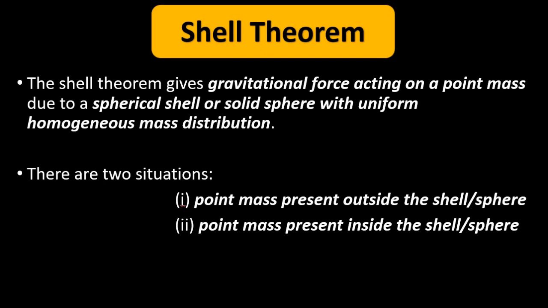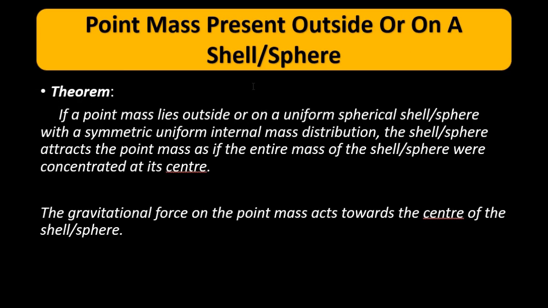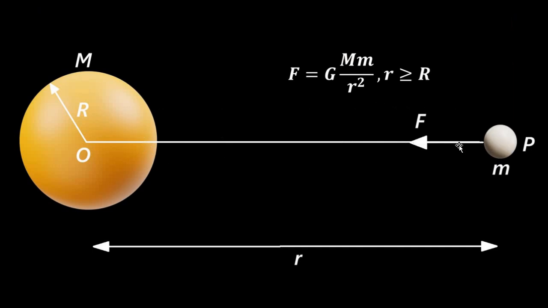What the shell theorem states for a point mass present outside or on a sphere is that if a point mass lies outside a sphere, in this case a solid sphere of radius capital R and mass capital M, the gravitational force attracts towards the center of the large solid sphere. The gravitational force acting on the small point mass, which is at a distance small r away from the center, acts towards the center of the large sphere as if the entire mass is concentrated at that point.